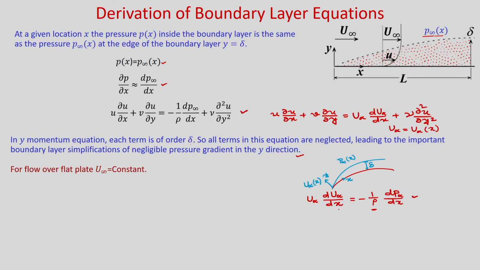And if you integrate this equation, you will get P infinity plus half rho u infinity square is equal to constant, and it is valid in the inviscid region outside the boundary layer.